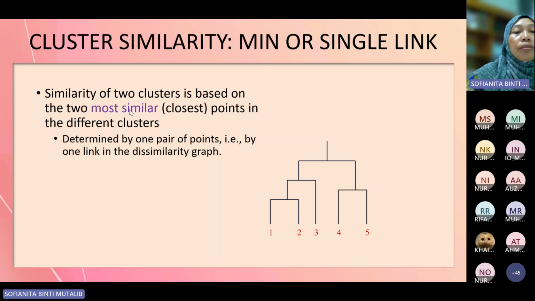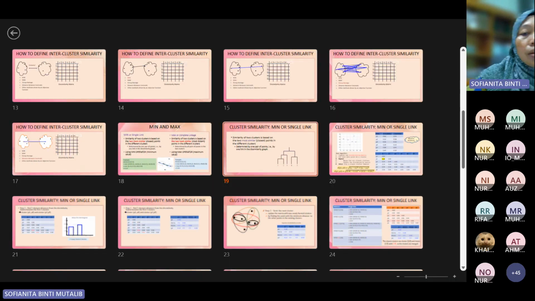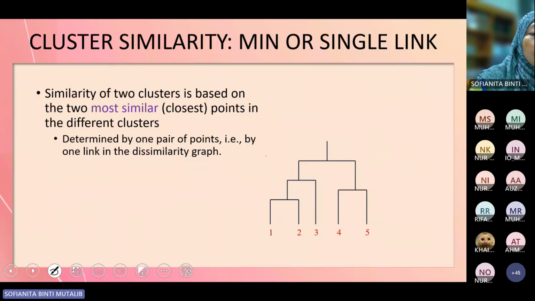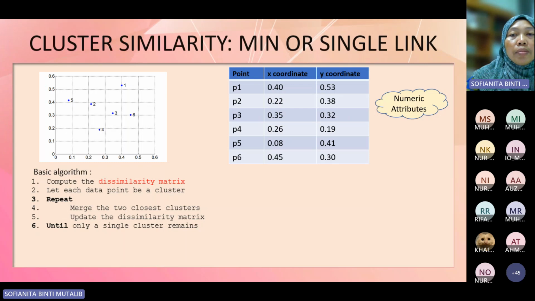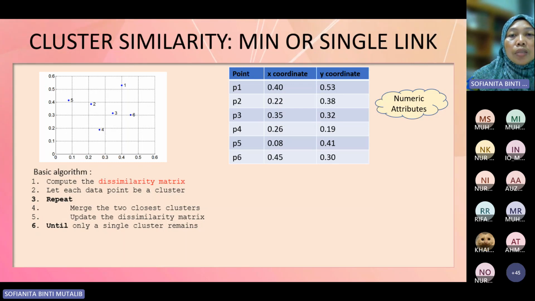In this example we have 6 points, given this data in numeric attributes, and it can also be visualized in a graph.